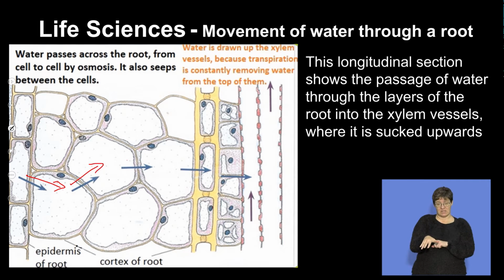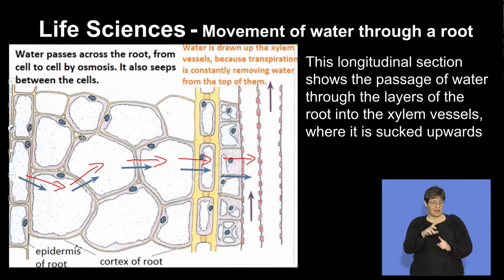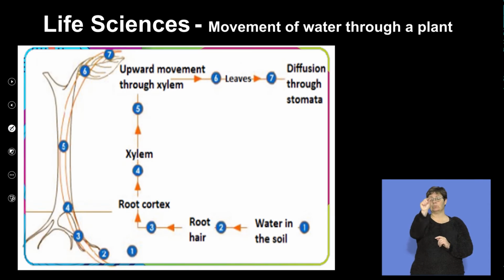It goes through the cells, it goes through the Casparian strip and the pericycle, and ends up in the xylem vessels. And the xylem vessels, it will then be sucked upwards, and it will start on its journey to the leaf.